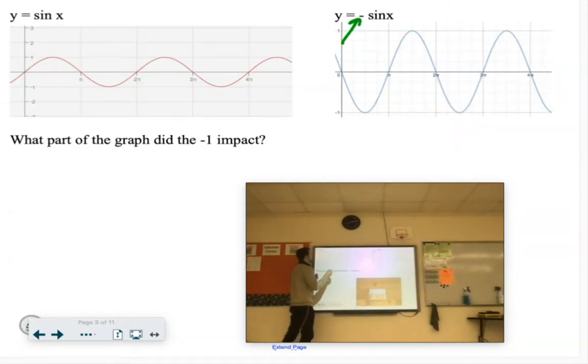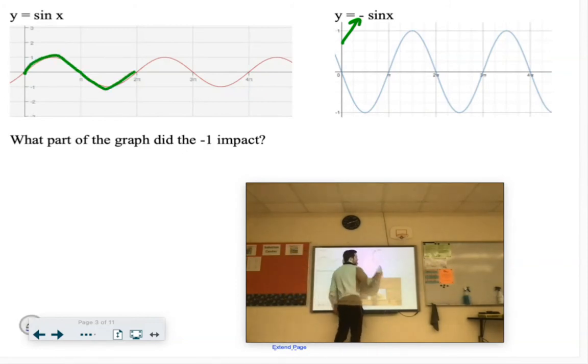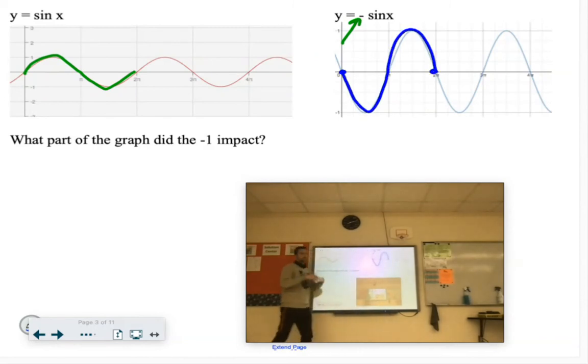Now this one starts center, top, center, bottom, center. This one starts in the center, but then goes down, back to center, up, back to center. So this is just a reflection. Really, I guess you could say it impacts the A, but really it's just reflected.